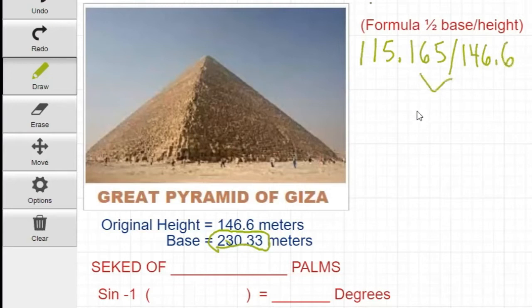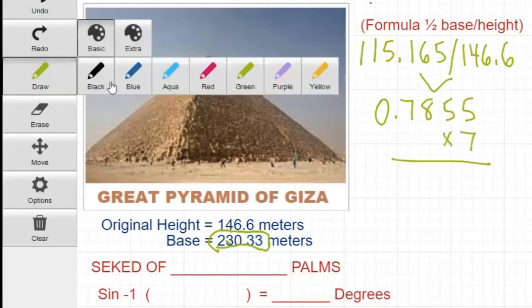If you do that math correctly, you should get 0.7855. Then you have to multiply that by 7 in order to get the palms, because remember that 1 cubit is 7 palms. So let's go ahead and do that.